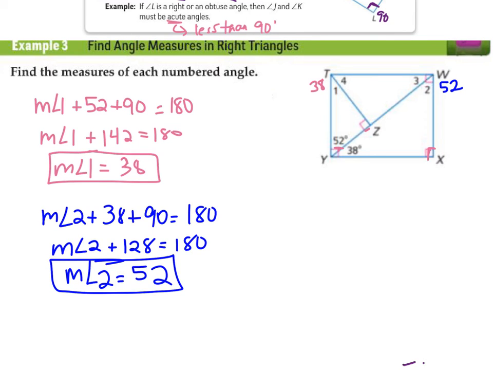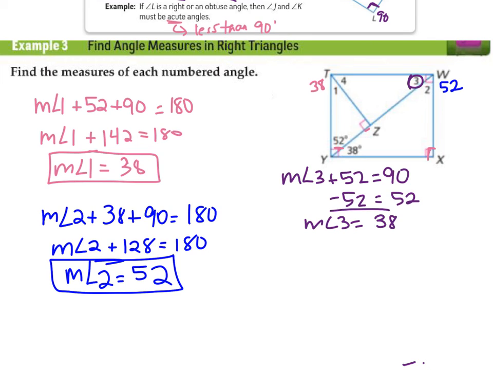So the measure of angle 3 plus 52 has to equal 90. Subtracting the 52 from both sides gives us a total of 38. I'm noticing a bit of a trend here, aren't I? 38, 38, 52. Let's figure out what 4 is going to be.